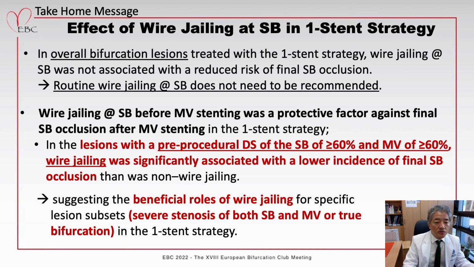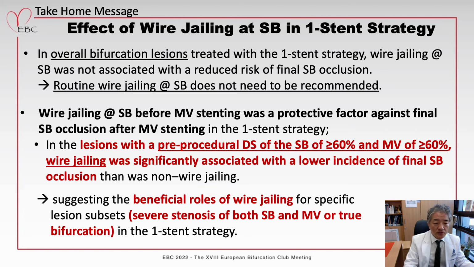Wire jailing at the side branch before main vessel stenting was a protective factor against final side branch occlusion after main vessel stenting in the one-stent strategy, especially in lesions with pre-procedure diameter stenosis of the side branch greater than 60% and main vessel greater than 60%.